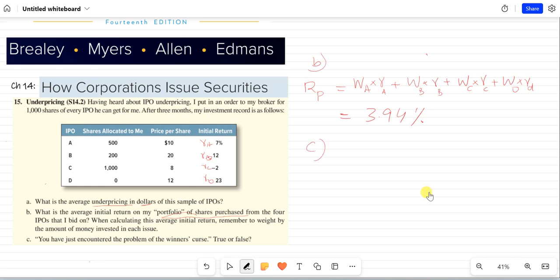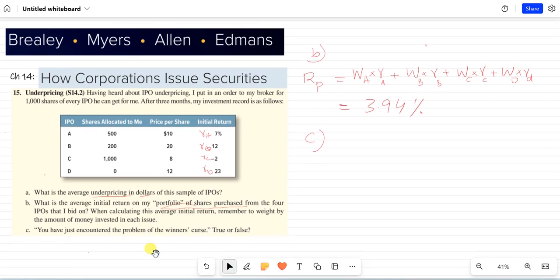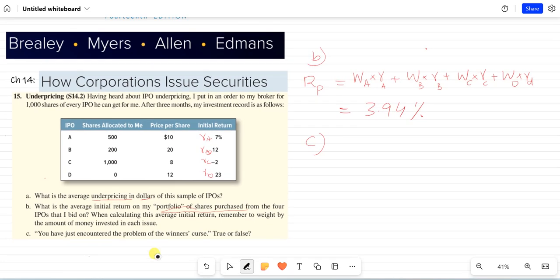What about part C? You have just encountered the problem of the winner's curse, true or false. Yes, true. Why? Because almost half of our investment went to the C IPO. We got 1,000 shares in the C IPO, around $8,000 invested, and this IPO was actually overpriced.